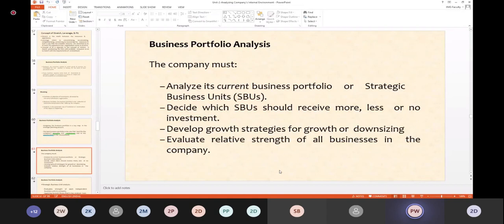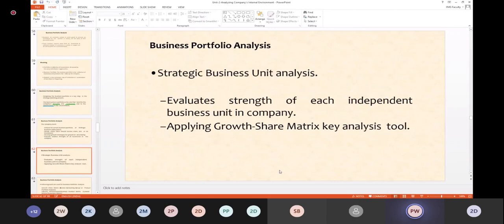Then the strategic business unit analysis evaluates the strength of each independent business unit in the company. This we have understood, that we will have to evaluate the strength of each independent business unit in the company. And then we will have to apply the growth share matrix, a key analysis tool.